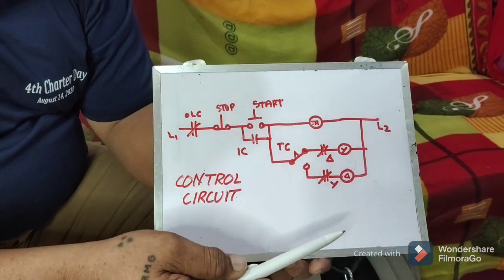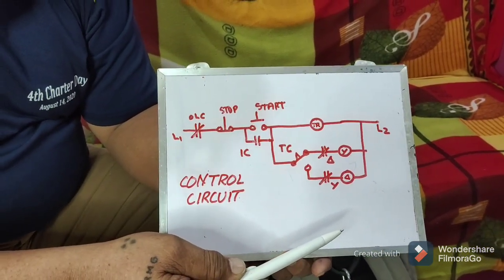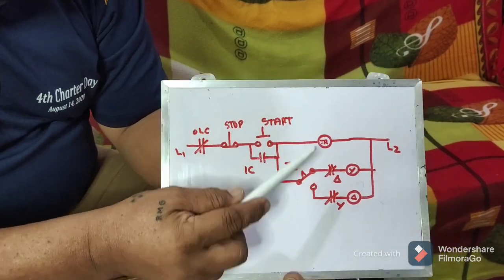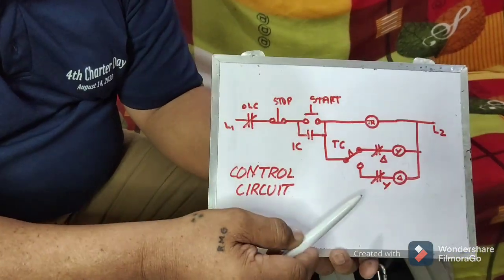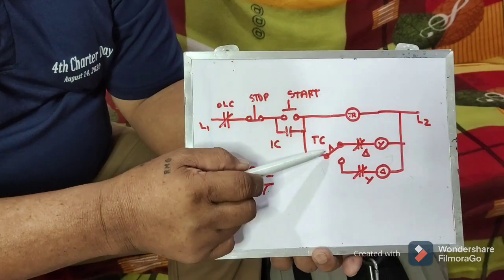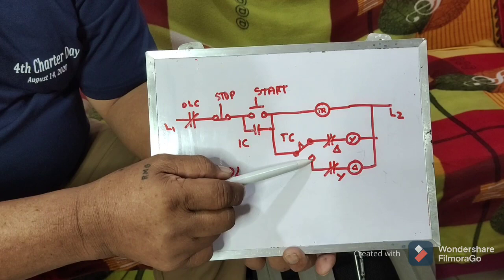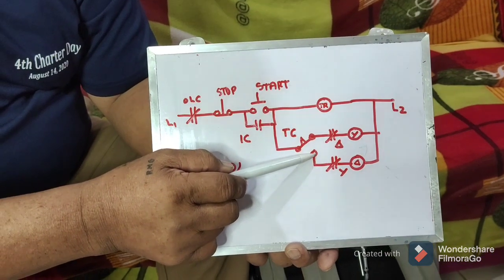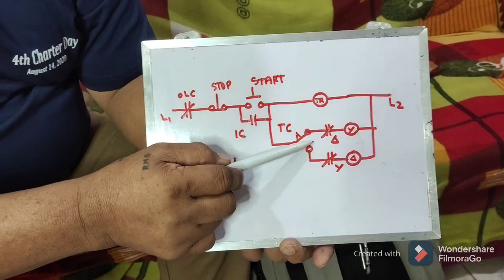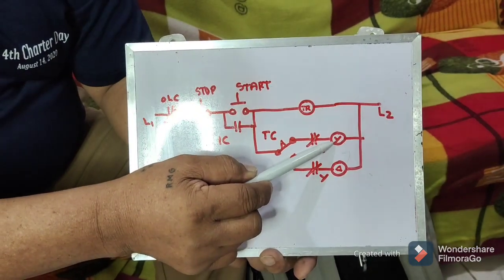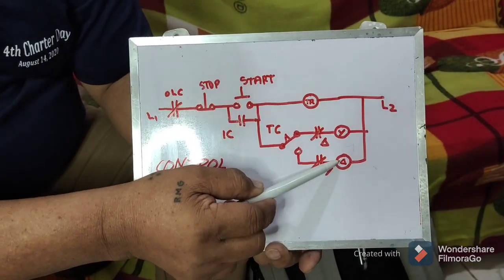So the motor is now running in Y connection. After a few seconds, you adjust this to 7 to 12 seconds, that is the transition time. Automatically, the timing contact here will transfer to the normally open terminal, de-energizing the Y and energizing the delta.